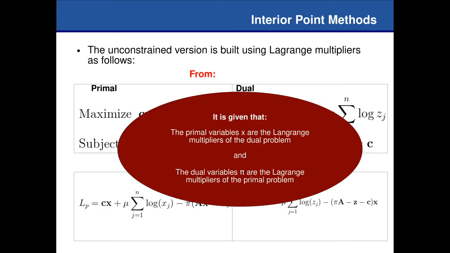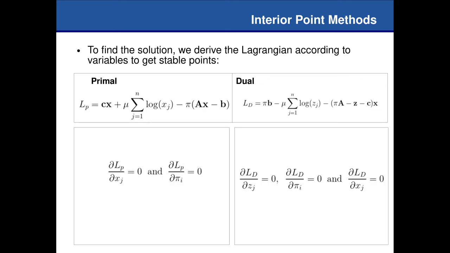That's what I told you guys. Primal variable x are the Lagrangian multipliers of the dual problem. In dual variables, pi are the Lagrangian multipliers of the primal. And that's very interesting. At this point, we need to differentiate our Lagrangian function, starting with the differentiation of our primal in terms of x.